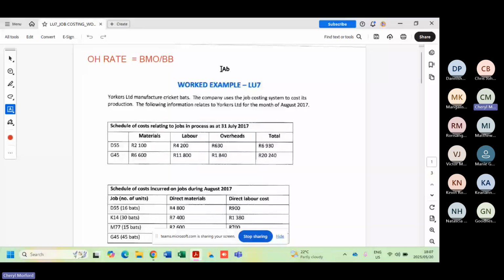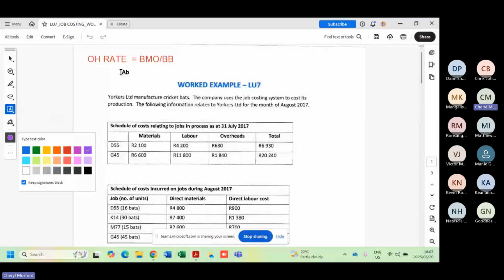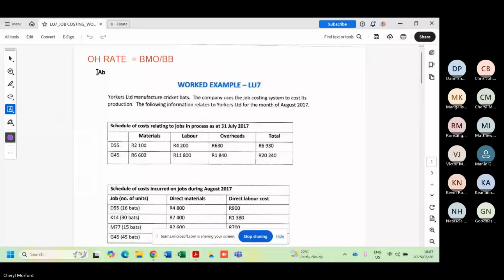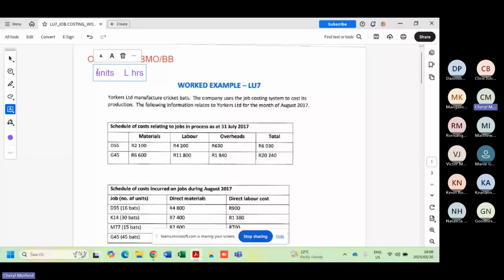The budgeted manufacturing overheads are always given in the question, and then when it comes to the base, we can have various things. We can use units of products, in which case it will be so many rand per unit. It can be labor hours, in which case it will be so many rand per hour.